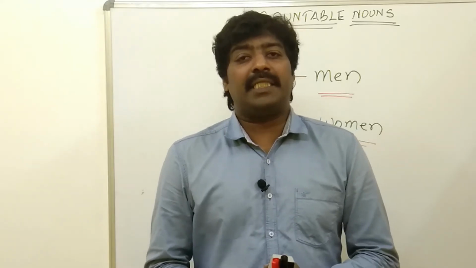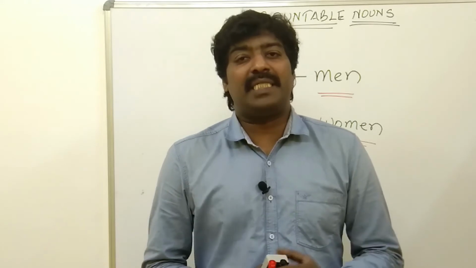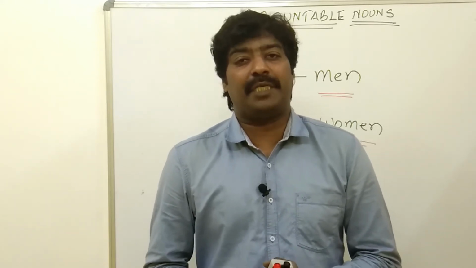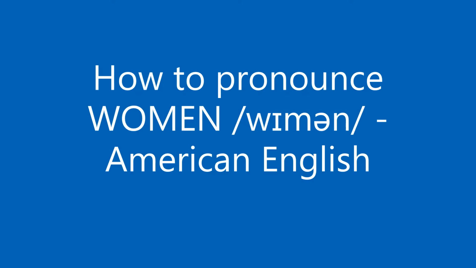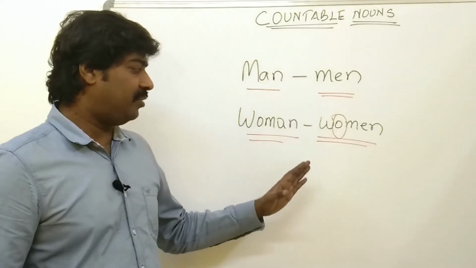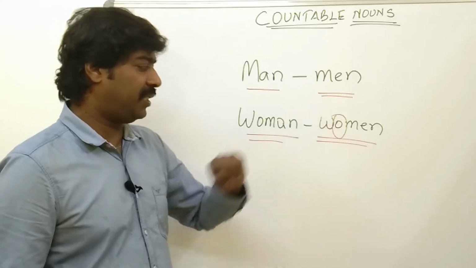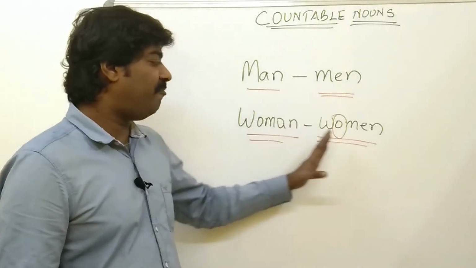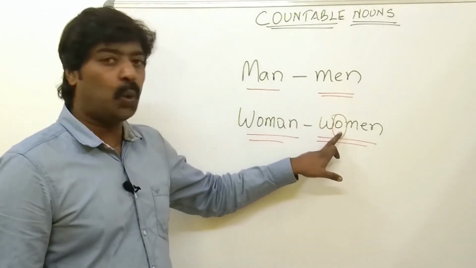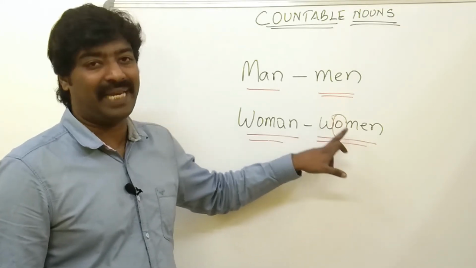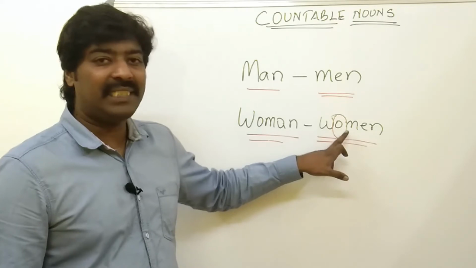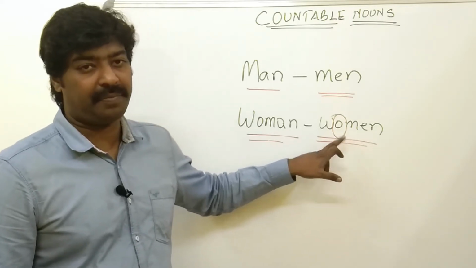Improper pronunciation can lead to negative impression, misunderstanding, and ineffective communication. Please be careful of your vowel pronunciation here in particular. Woman, women. The first vowel O in women does not change in terms of spelling, but in pronunciation it does change.